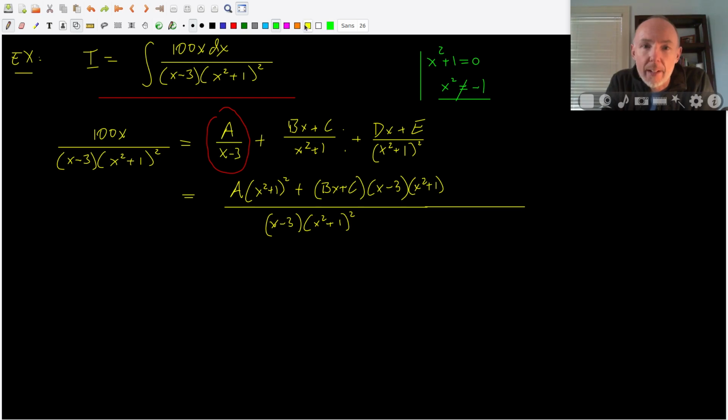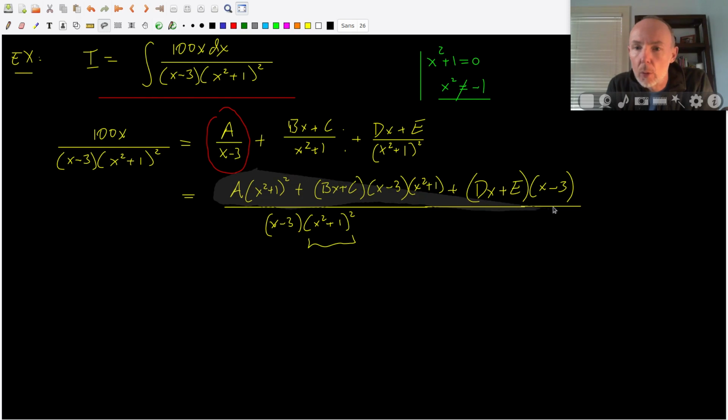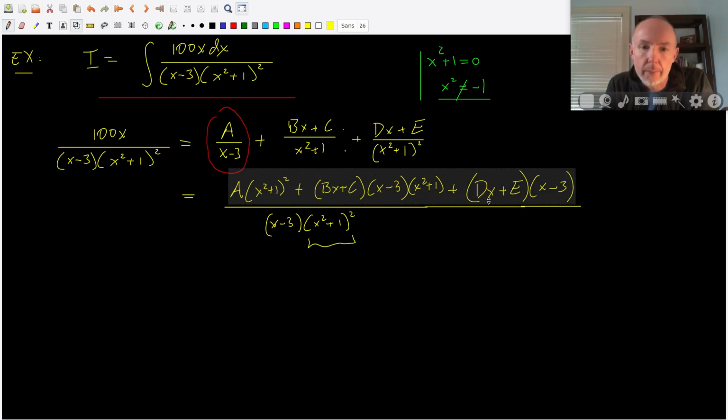But what we have is one more term, and that last term is the Dx plus E, and that's got to be multiplied by, well, what do you reckon? If I look at Dx plus E, it's already got this piece in the denominator, so what it's missing is the x minus 3. All right, and so what we've got here as a total result is all of this stuff.